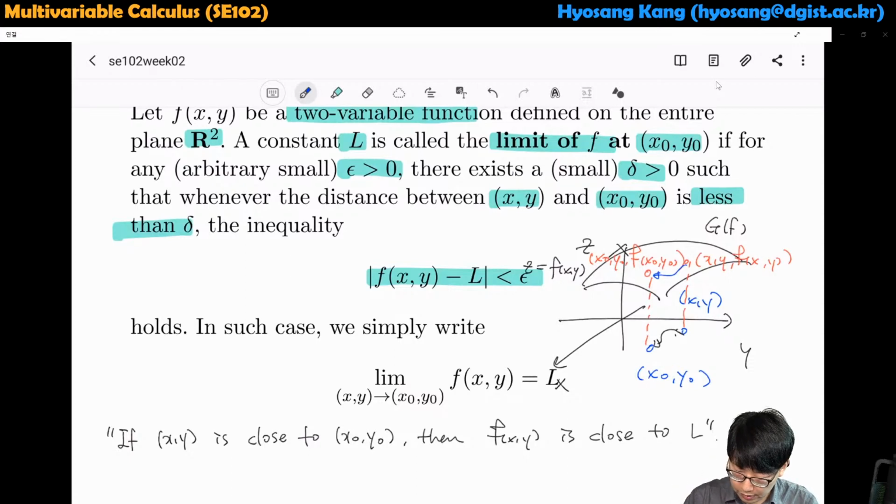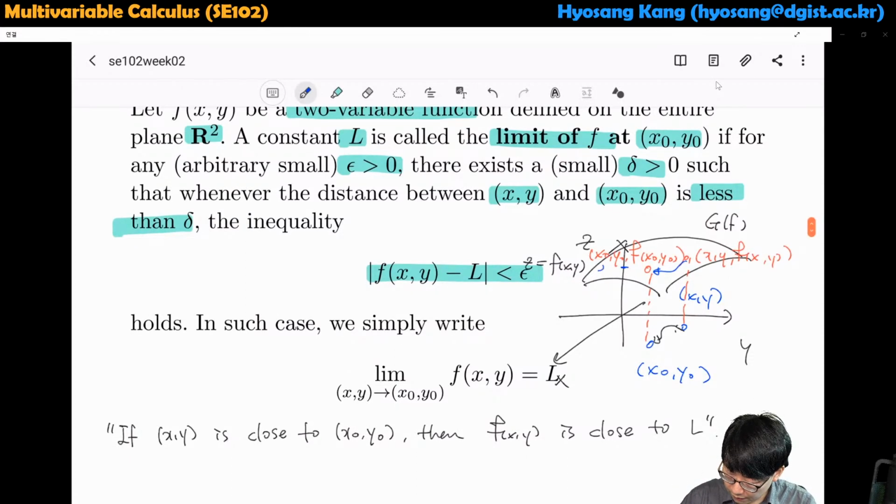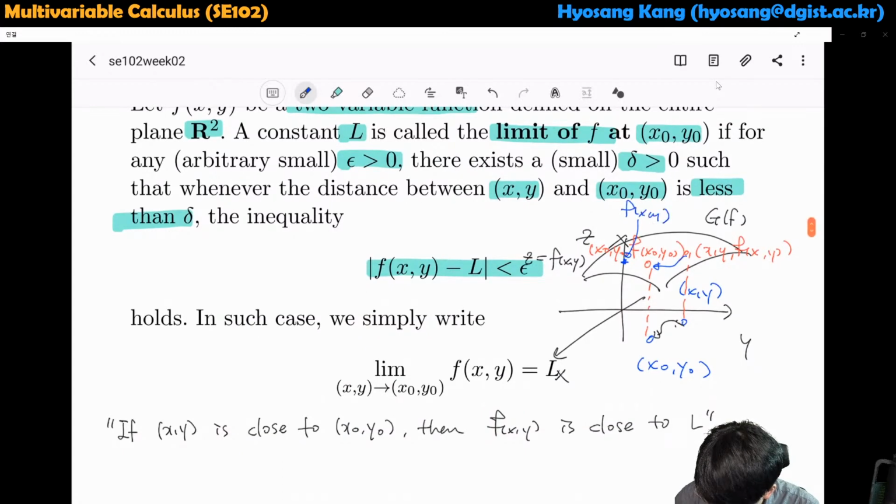So the z coordinate f(x, y) is here, and let's say this is f(x0, y0), supposing that this is the z-axis.